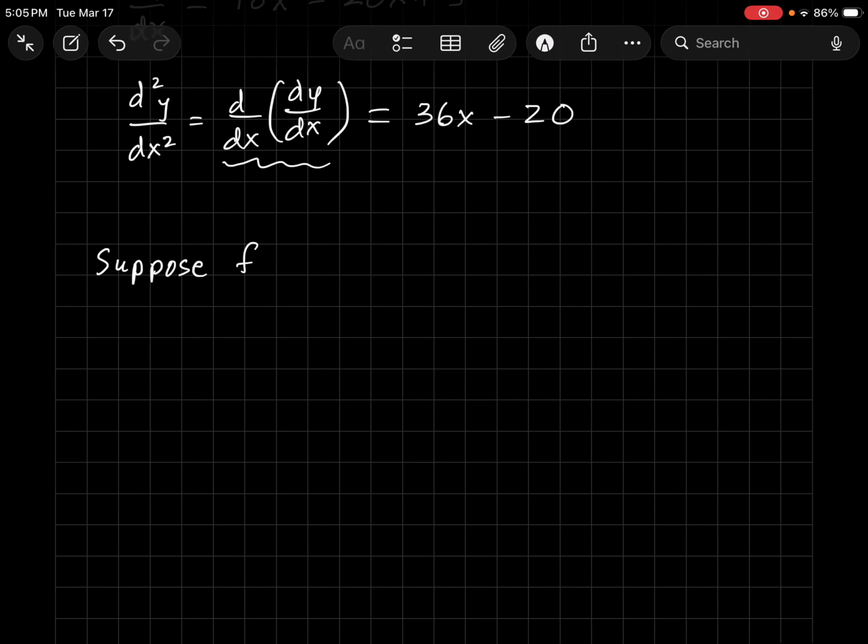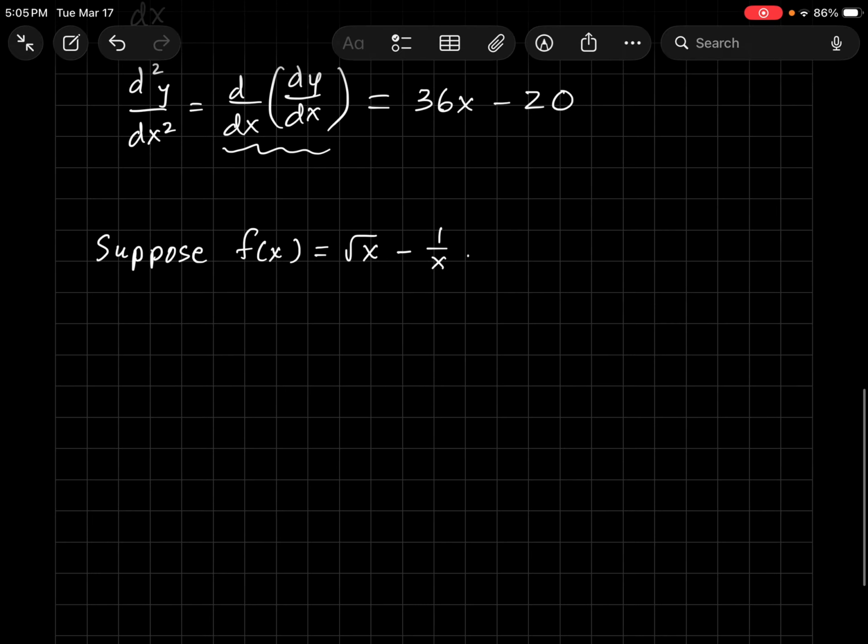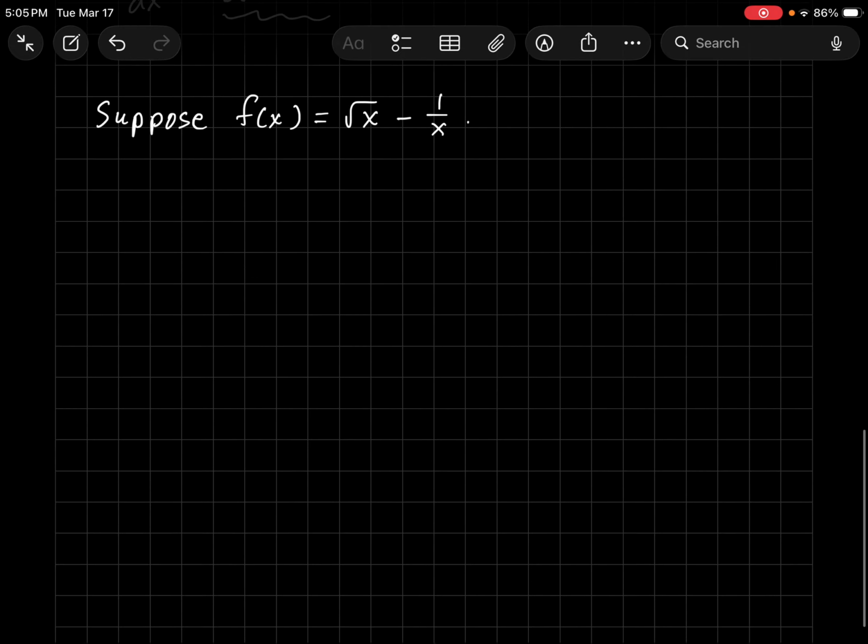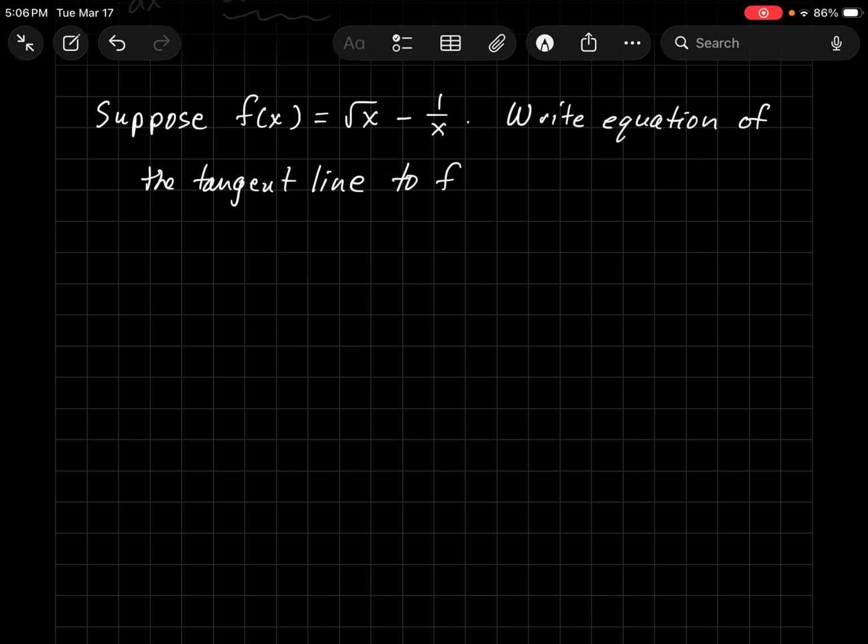Suppose that f of x is the square root of x minus 1 over x. And let's write the equation of the tangent line. And let's do it not to f of x, but to f prime of x at x equals 1.